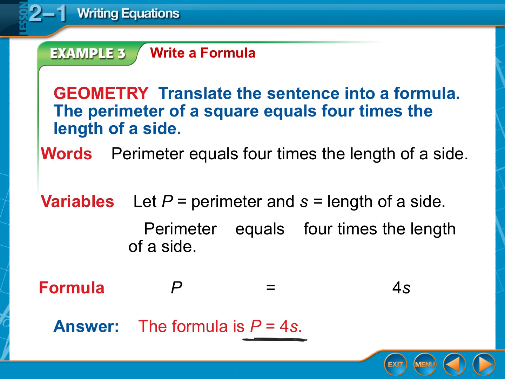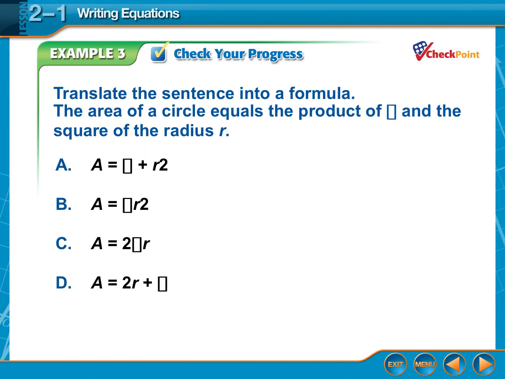To find perimeter, you could add up all the sides instead. So instead, you could put P equals s plus s plus s plus s, but that's also the same as just 4 times s, right? So, don't look up here because it looks really weird. Try this one. Write an equation.